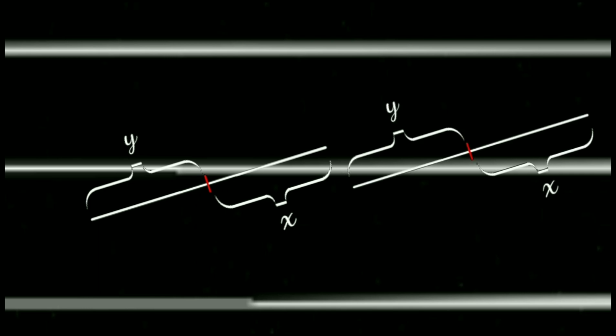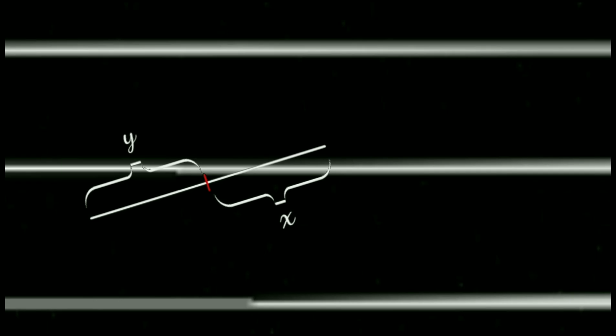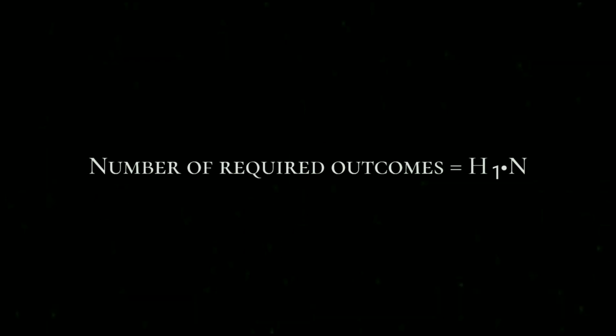So in order to evaluate the number of outcomes where capital X is 1 and capital Y is 0, we simply need to determine in exactly how many of those n tosses the segment X ends up hitting one of the lines. This number, as we calculated before, was equal to h1 times n. So, in our weighted average, we write 1 as the value of capital X plus capital Y, and we multiply it by h1 times n, which, as we know, is the frequency of this outcome.